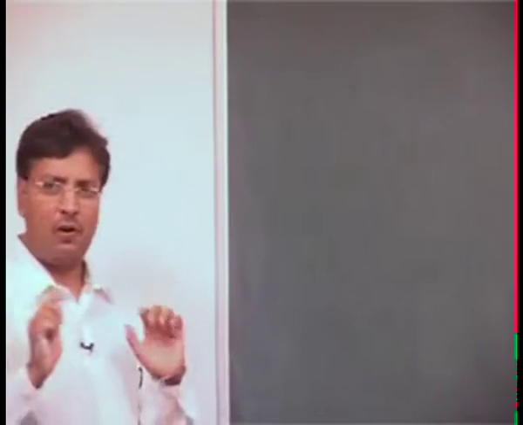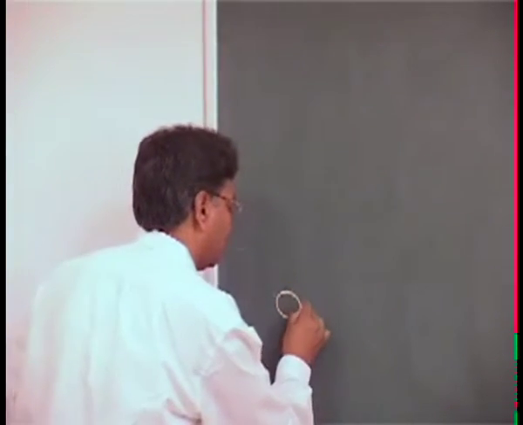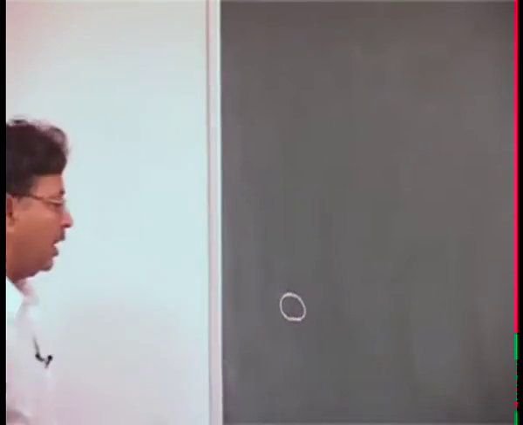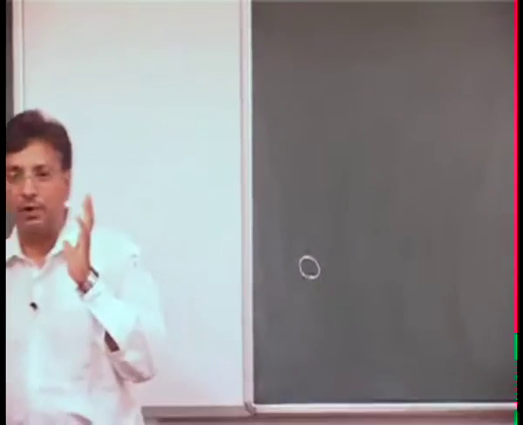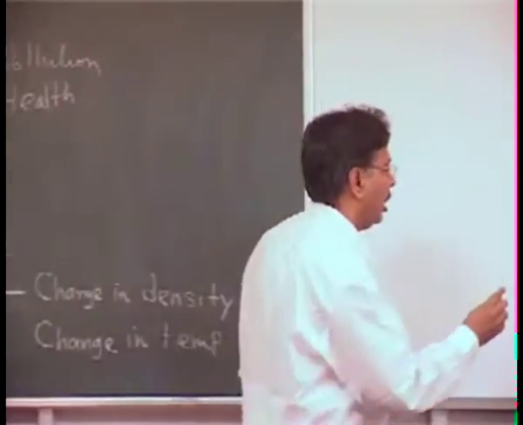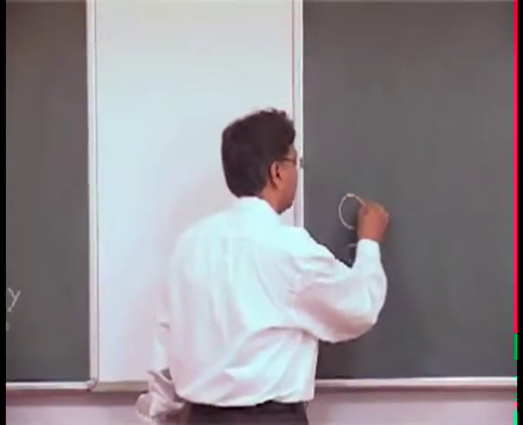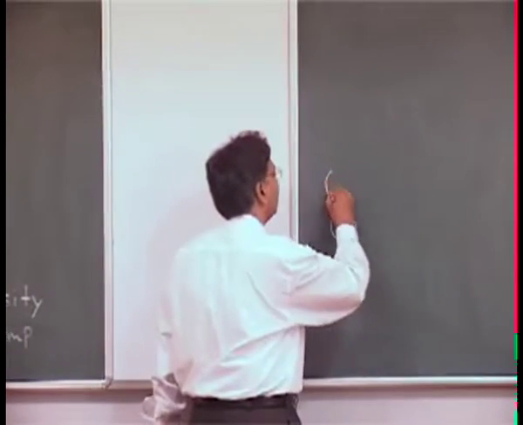I take a small parcel of air which is here, and suppose I give it a vertical push and the temperature is higher. As you see, as it goes up, the parcel of air becomes bigger and bigger.